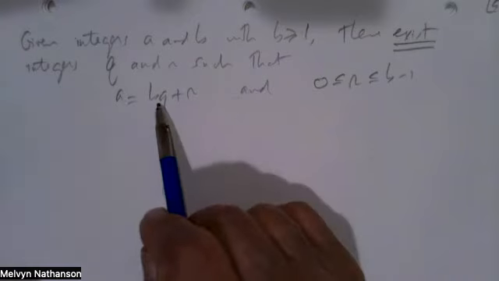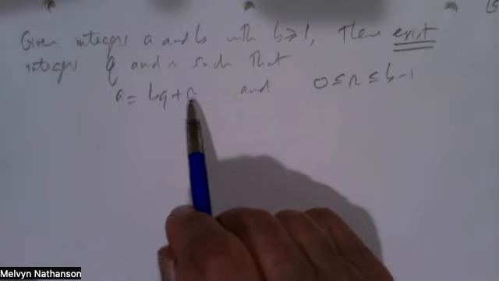So this is the proof of the existence. But I also claim that the quotient q and the remainder r are unique. Why is that? So uniqueness, this is what I have to prove.